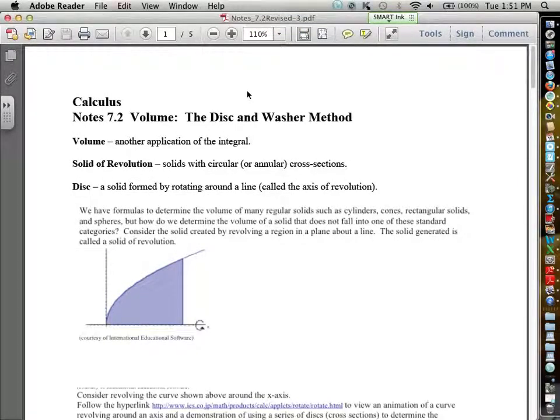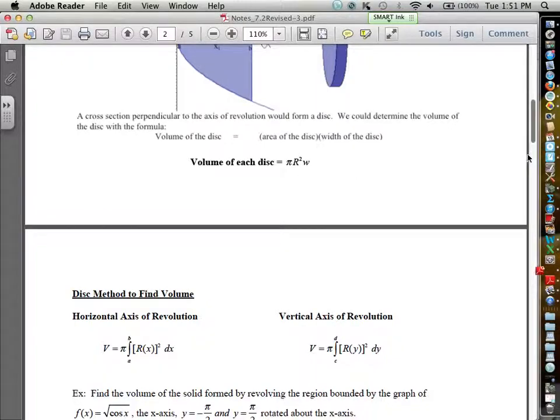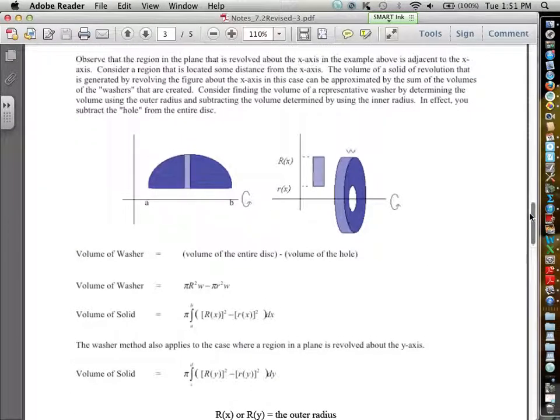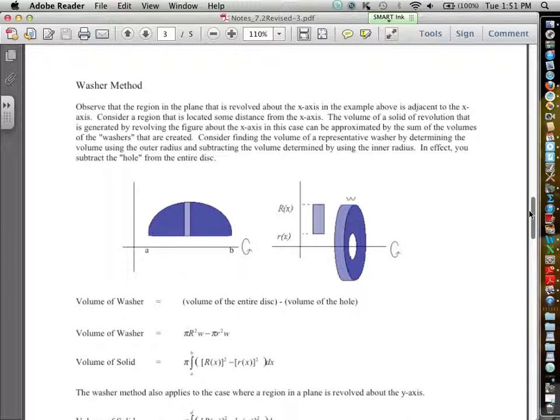All right, so in your notes, we're down here at the washer method, and this is what we just talked about. The rectangle in that shaded region has space between the end of the rectangle and the axis of rotation. If I rotate this rectangle around, there's one of those representative washers, and the washer has a hole in the middle.